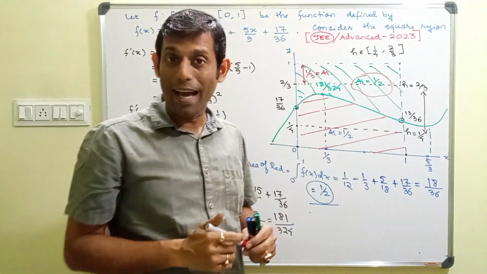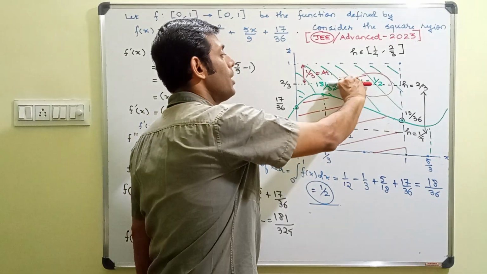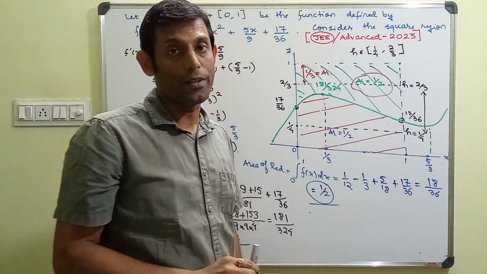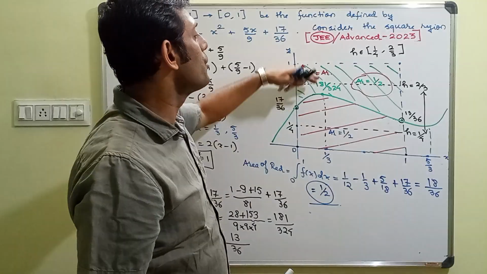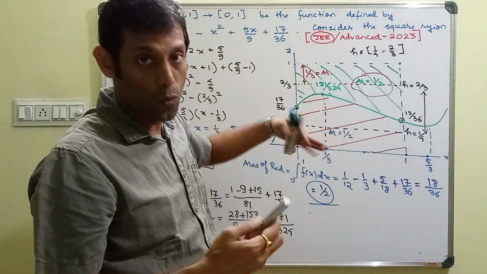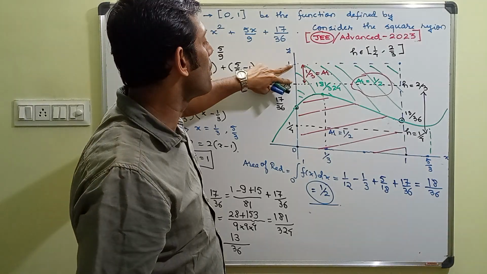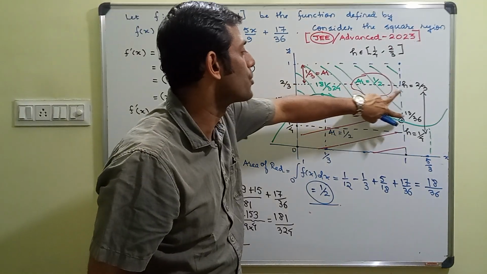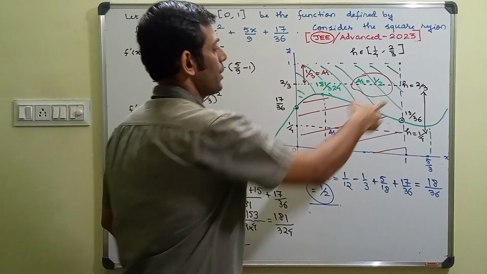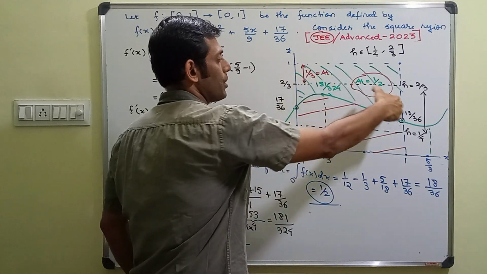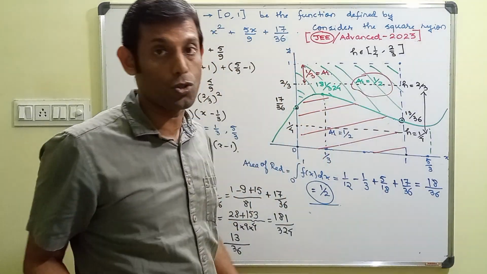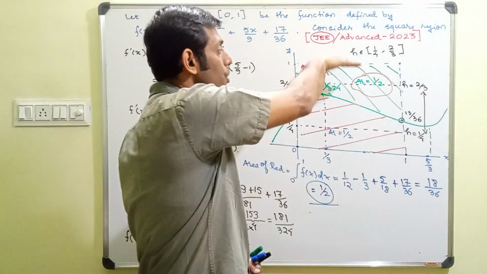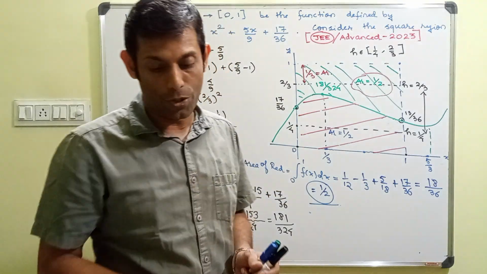No way can we have a position of LH going below such that the area of the green region above becomes equal to below. Why? This is already 33% and this is 17%. This green region is close to 17%. And you are reducing that, so equality is never going to happen.